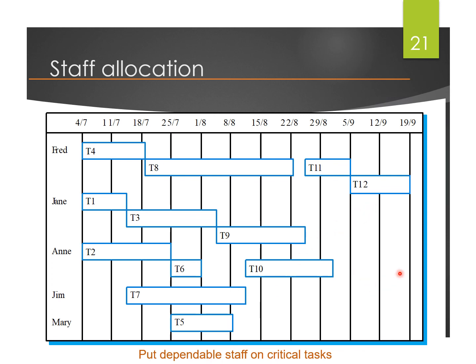So we know when the staff should have completed the task, and what he's doing at a certain point of time. If there is a task which is very critical, you make sure that you know who is in charge. If that person cannot handle it, maybe you need to allocate other staff to help that person. So by having this view, the project manager has an idea who is available, who is not.